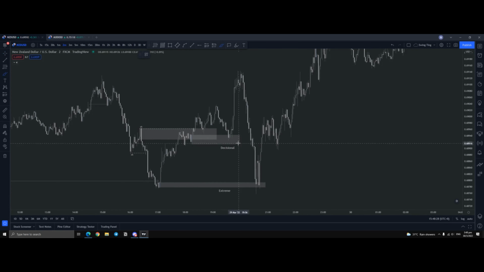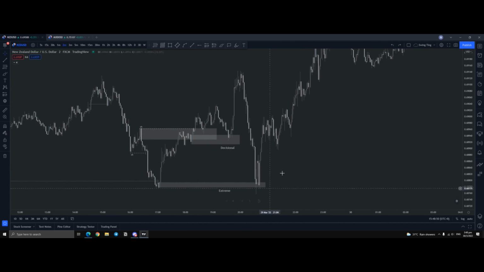So you can see how this decisional actually did hold up. We ended up taking out the high here, and we came back down for a complex pullback to mitigate the extreme, which is the start of the move up.